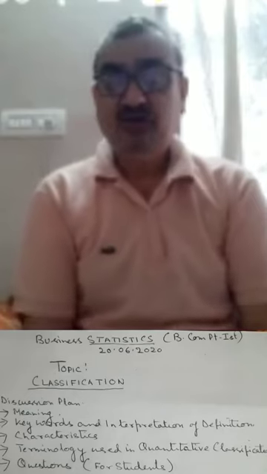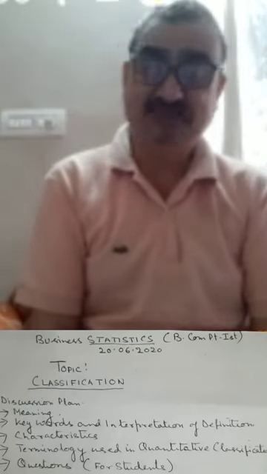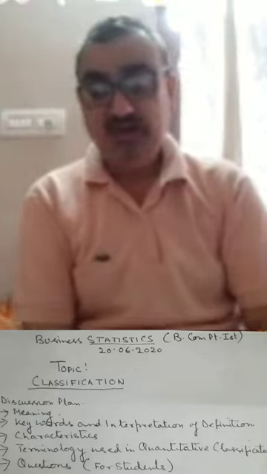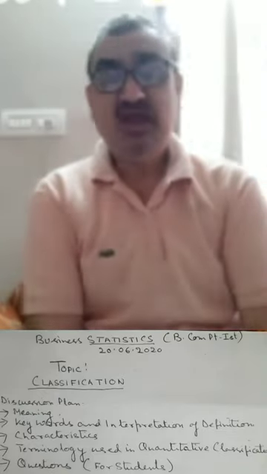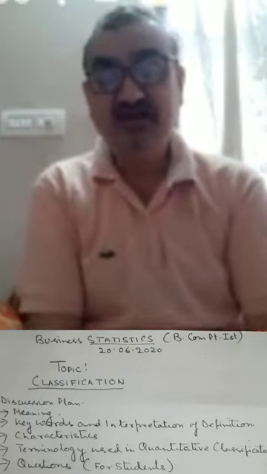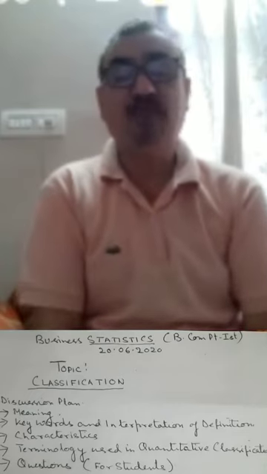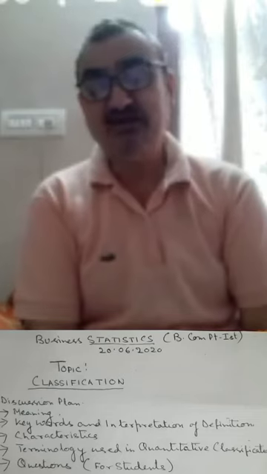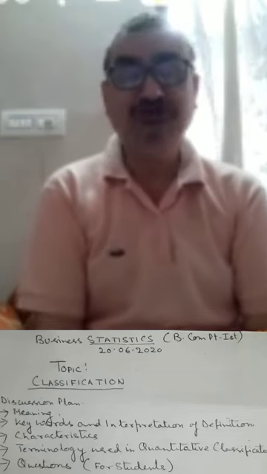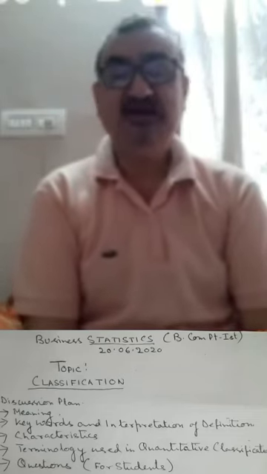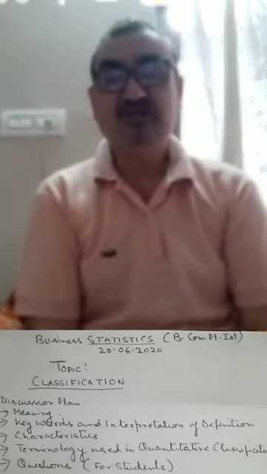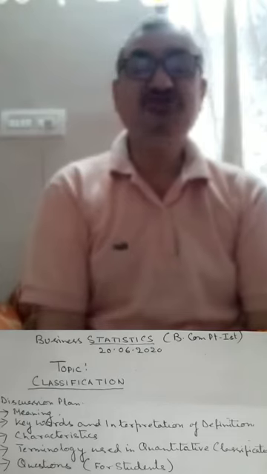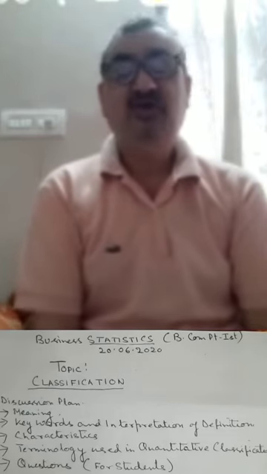Number 5, it is the scientific arrangement. This is also a very important characteristic. In classification, the facts are arranged in a proper and systematic way on some logical basis. Thus, the data becomes more simple and easy to understand.